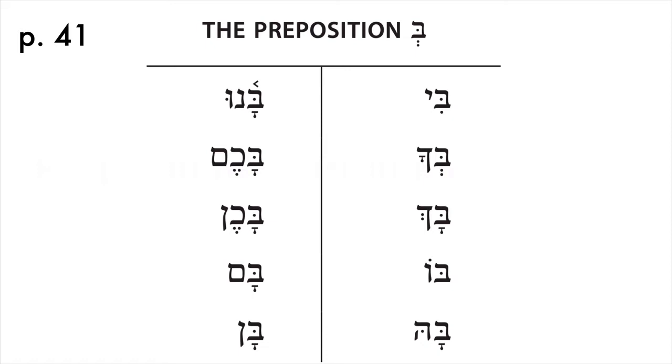And if we take the preposition b, in, let's just translate it in for now. When we combine b with ani, we get bi. And b plus ata gets baka. And you will see as we go through this chart that there are remnants of our independent pronouns.